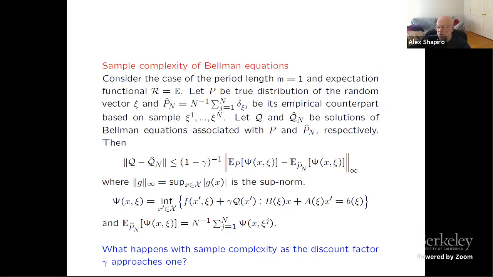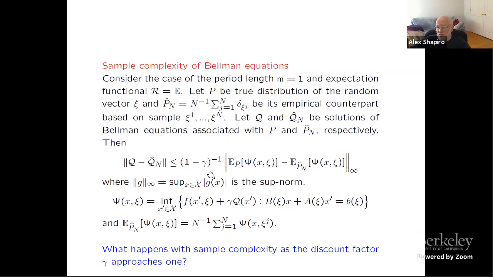It's very easy to show using the sum of a geometric series. Because of that, the theory says that the relative error, as a function of the sample size n, should be proportional to 1 divided by 1 minus gamma.